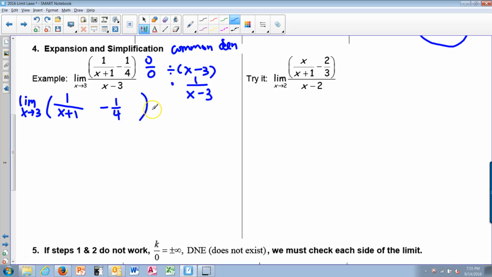So the numerator divided by x minus 3 is times 1 over x minus 3. So this part is the only part I really need to find a common denominator for.